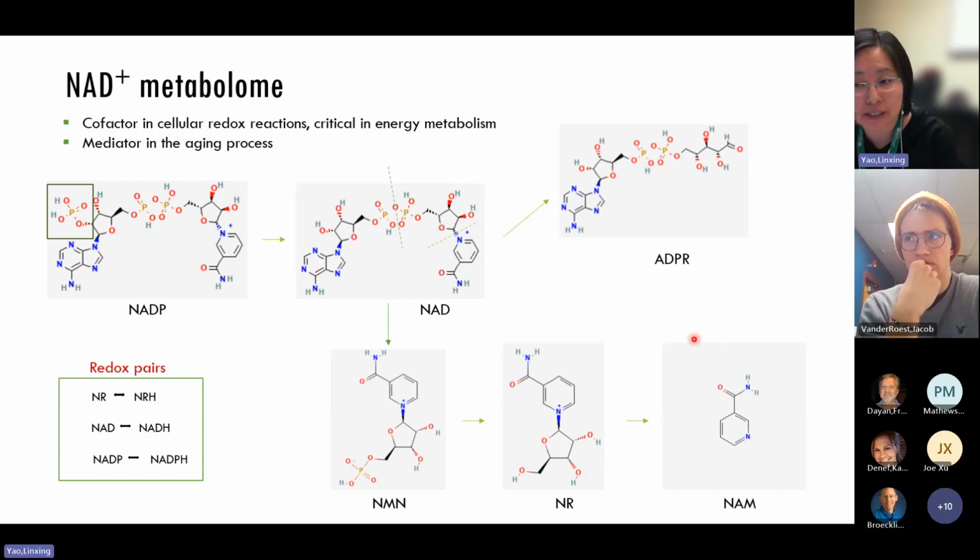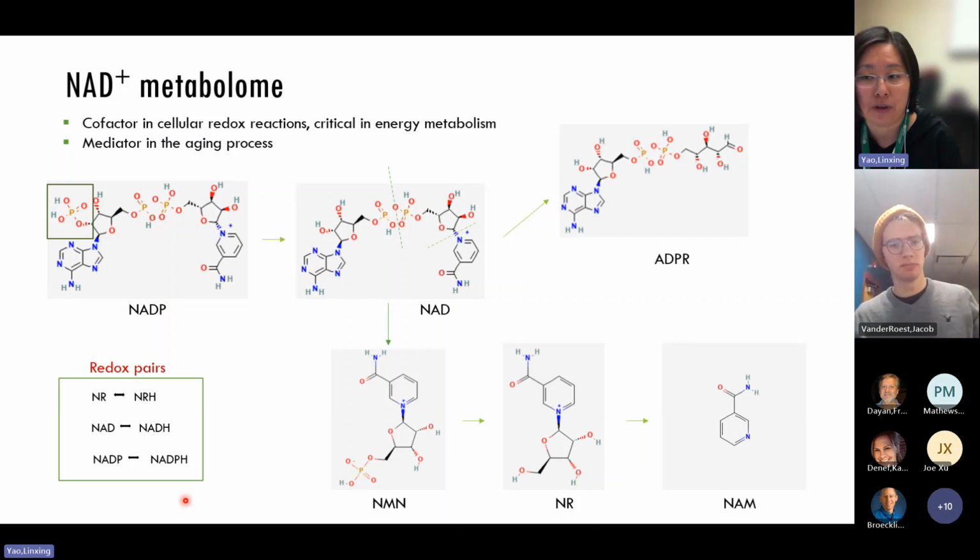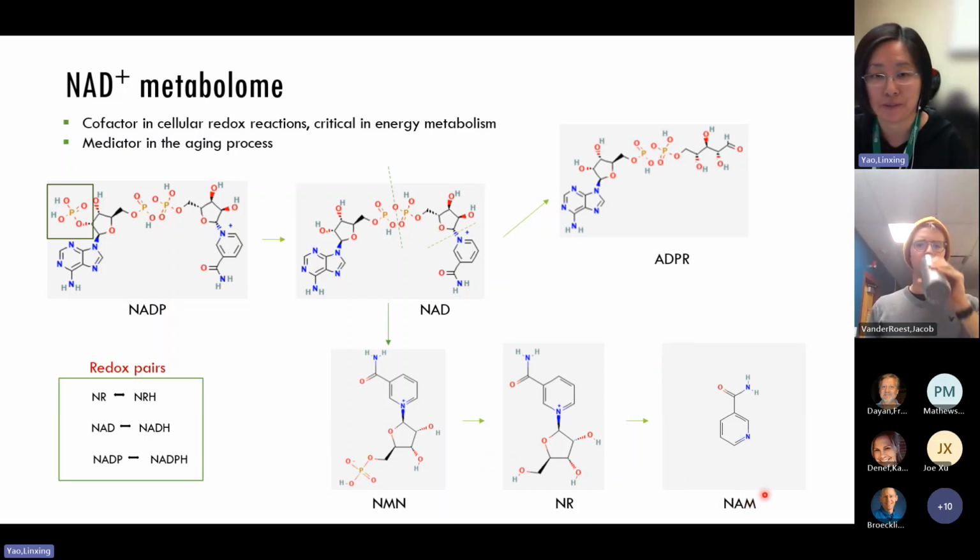The challenge with this group of analytes is that they are highly labile. First of all, we have several redox pairs in the group, and also the larger molecules in this group are prone to degradation, and their degradation products are also targets in this method.